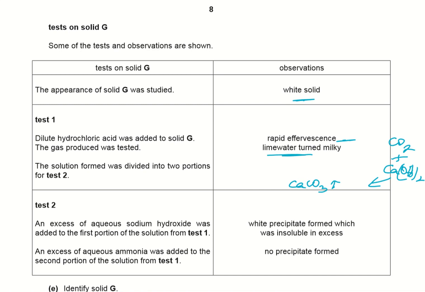Test 2 says the solution formed was then divided into 2 portions. Excess sodium hydroxide was added to the first portion, and a white precipitate formed, which was insoluble in excess. Then excess ammonia was added to the second portion of the solution, and there was no precipitate.